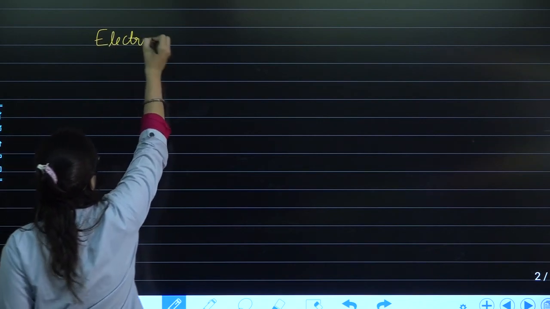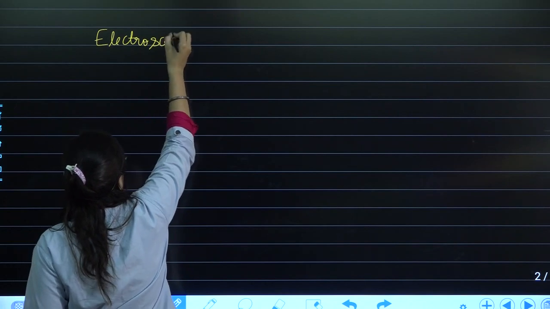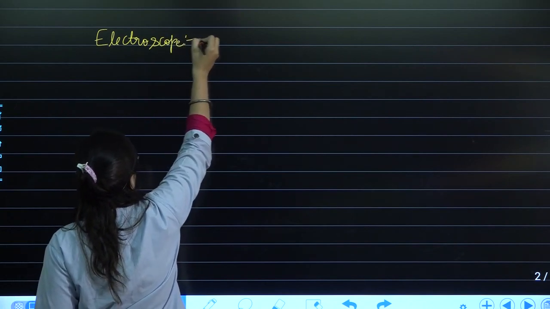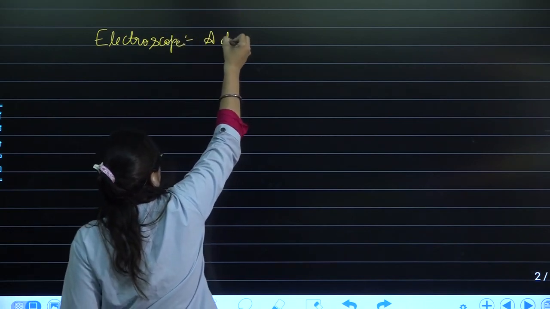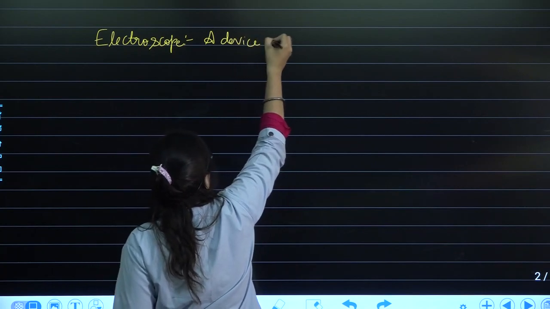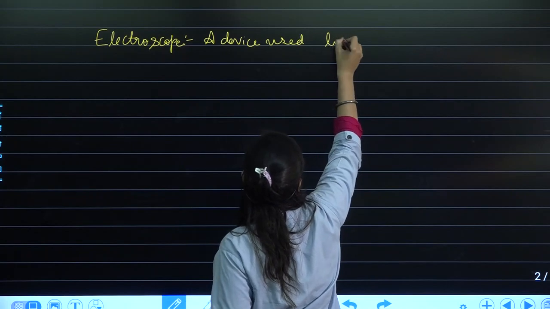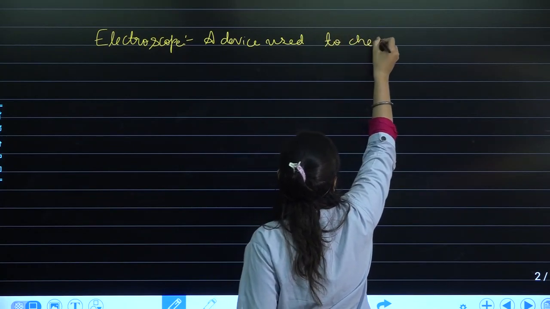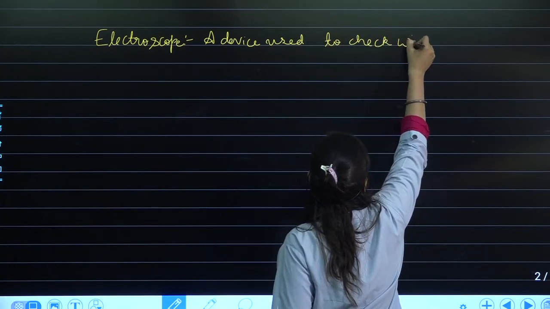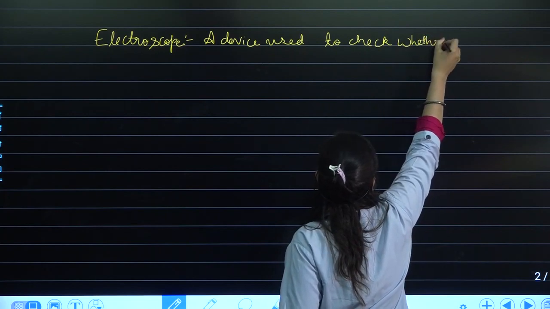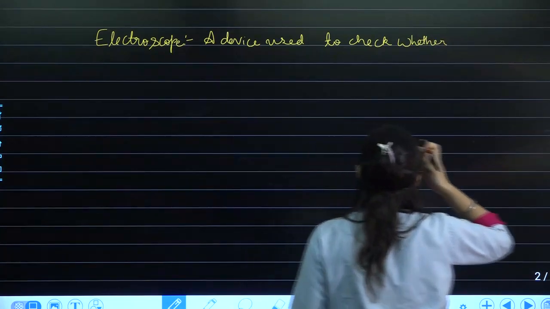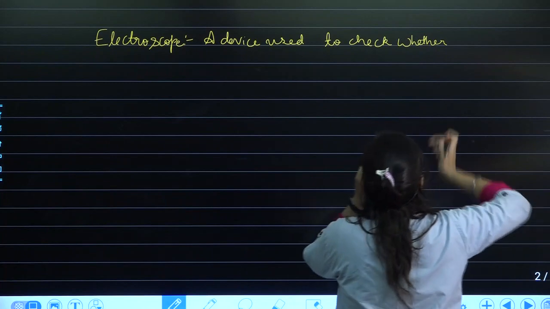Electroscope: a device used to check whether the object is carrying charge or not.